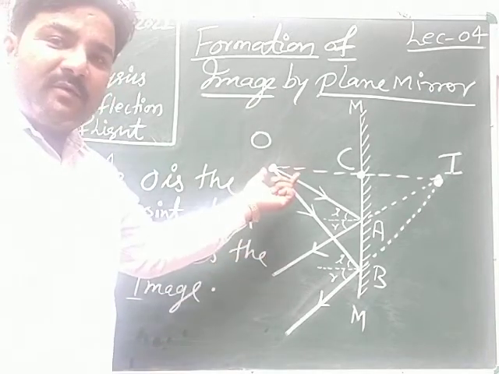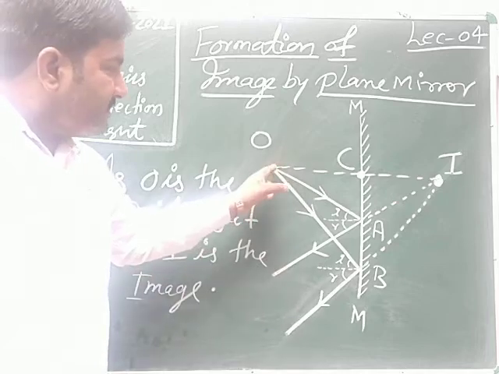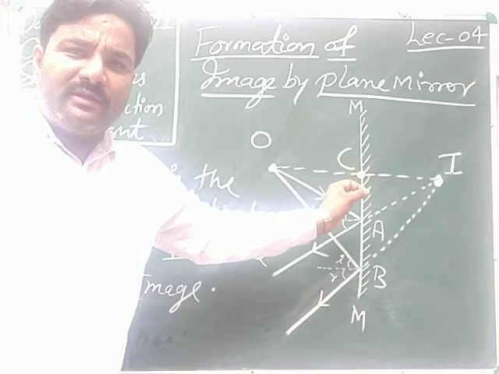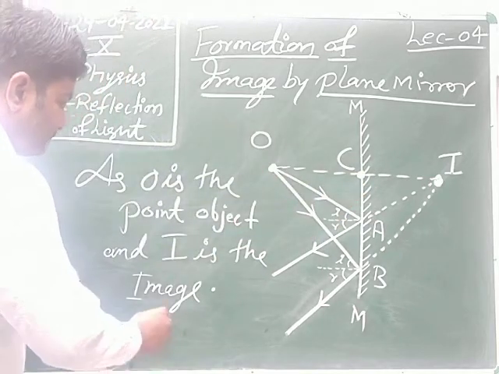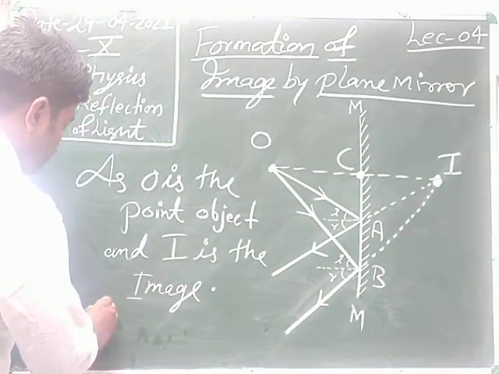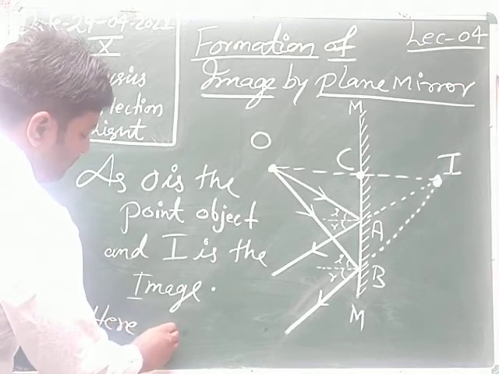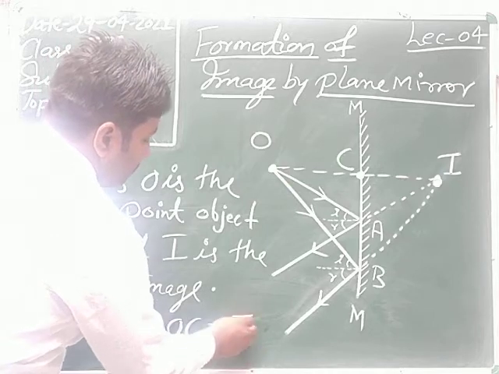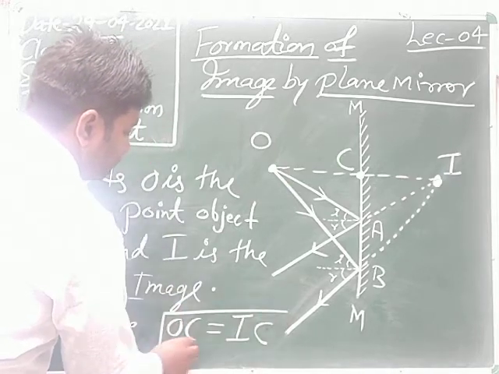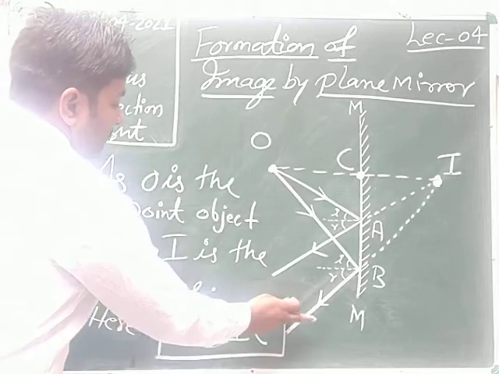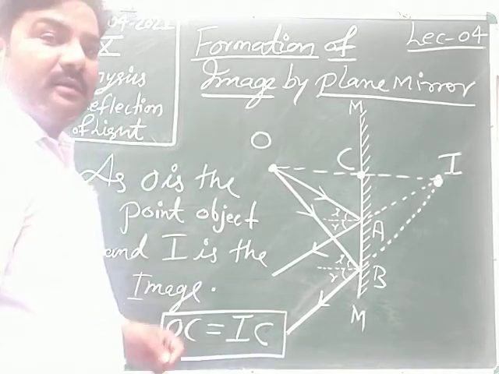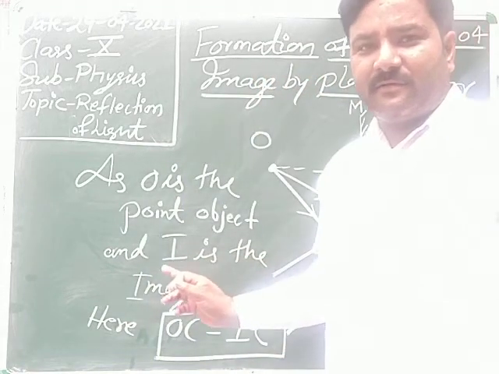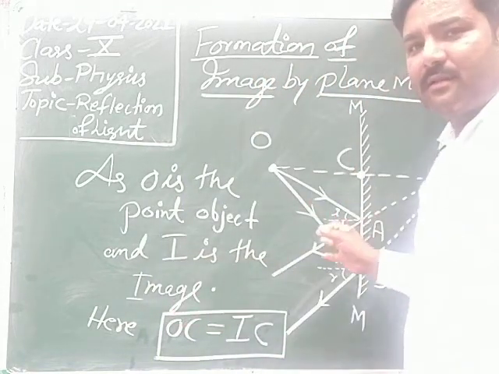Then when we measure this OC distance and IC distance, both will be equal. OC must be equal to IC. Clear? This is the required condition for any image formation by plane mirror.